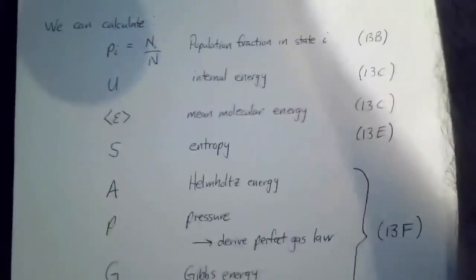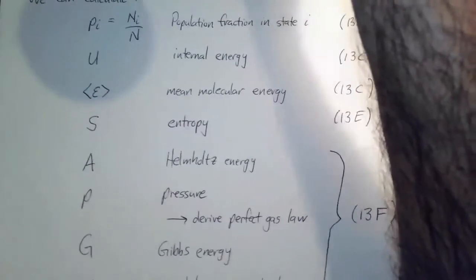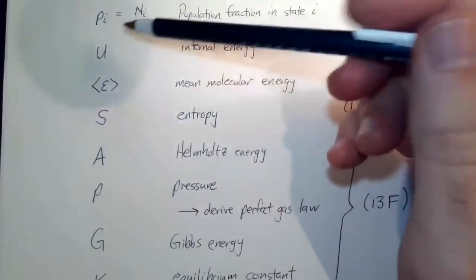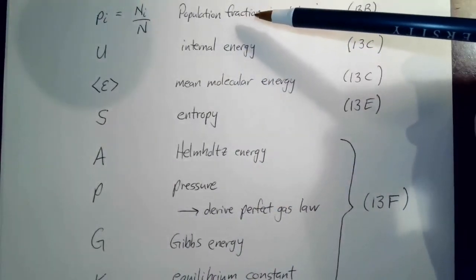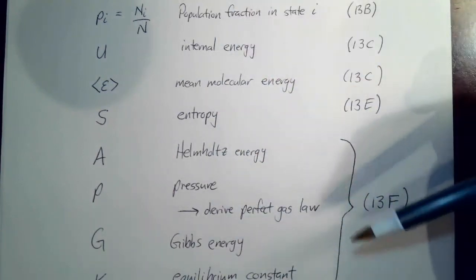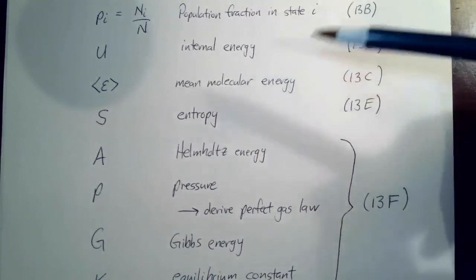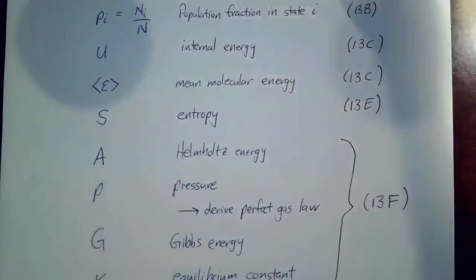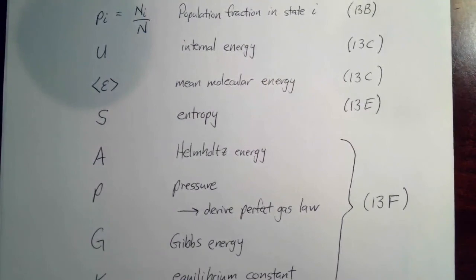So to summarize then, if you look at this list, you can see that we are able to recreate effectively all of thermodynamics. And we can do that if we know the partition function. And this is the essence of statistical thermodynamics. It's starting with a partition function and using that to compute all the thermodynamic variables that we want to know.